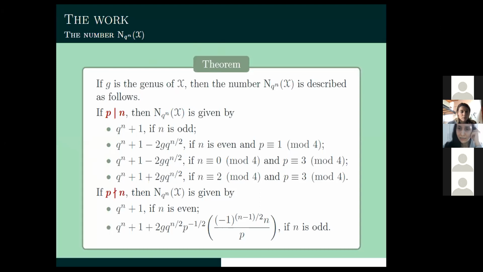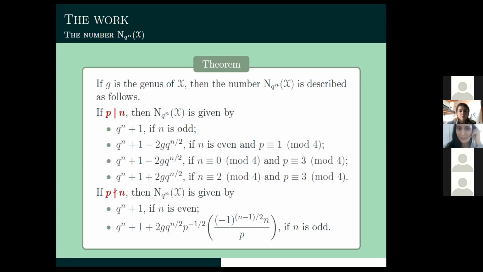There are cases in which this curve is only minimal, where we don't have any extension in which this curve is maximal, and in others we have this.